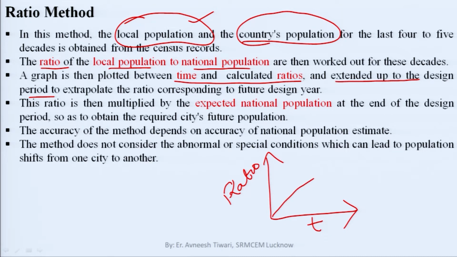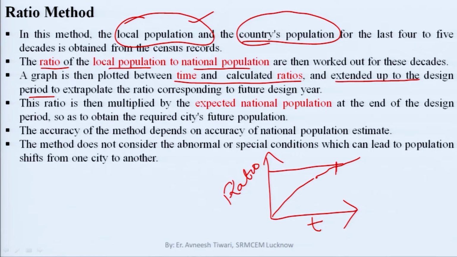For example, if we are taking a curve and that curve represents ratio versus time, if we need to calculate the population of that particular city at that time, we have to extend that particular curve, and at that particular point there will be ratio of what? Local population versus national population.